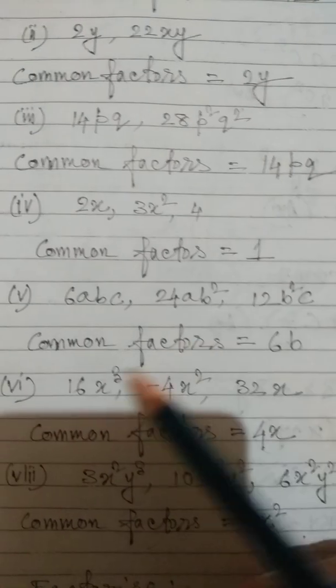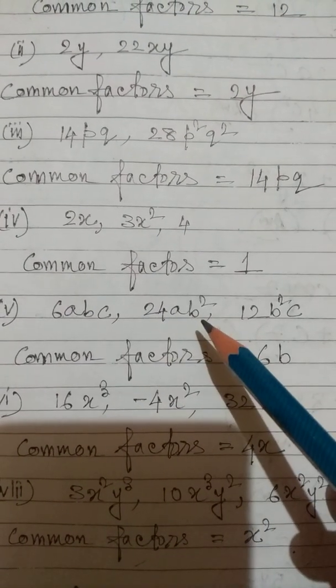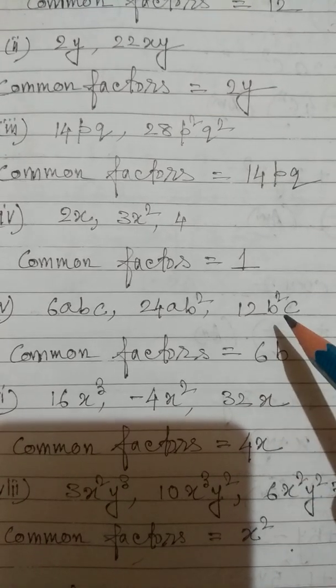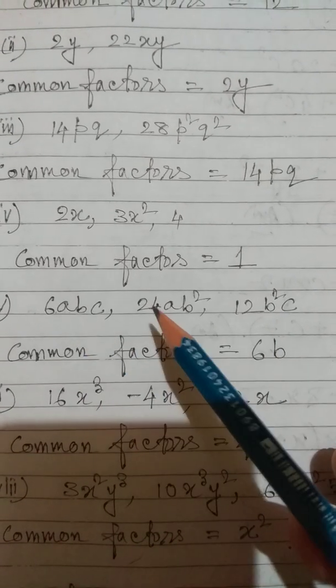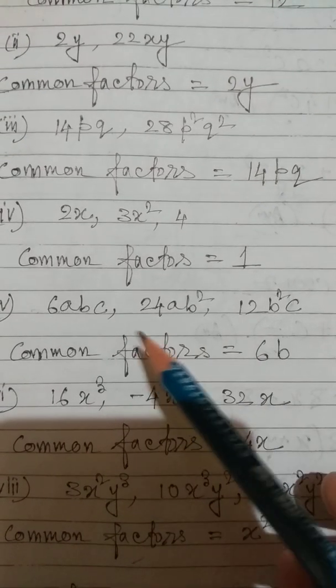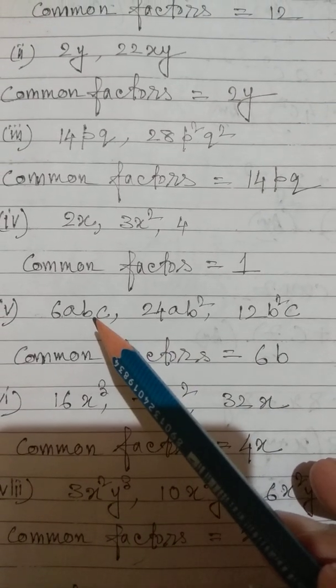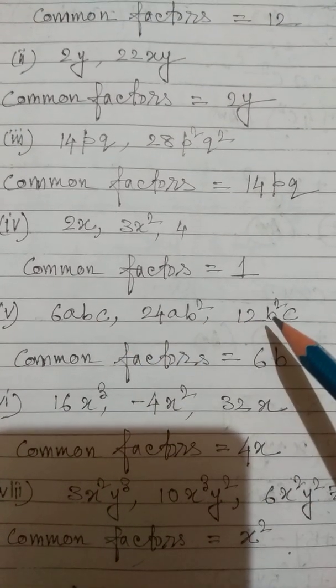Next, question number Roman 5. 6abc, 24ab square and 12b square c. So the common factor: the HCF of 6, 24 and 12 is 6, and only the variable b is common, b square and b square.